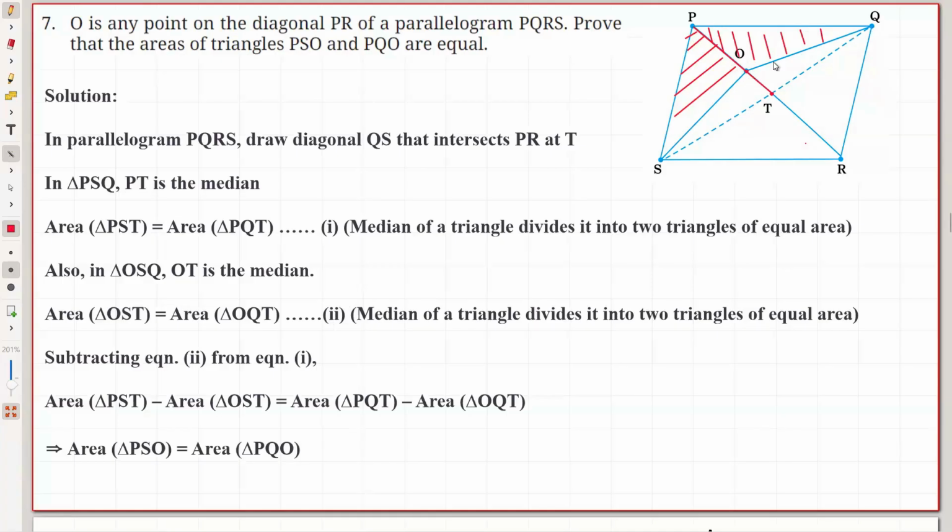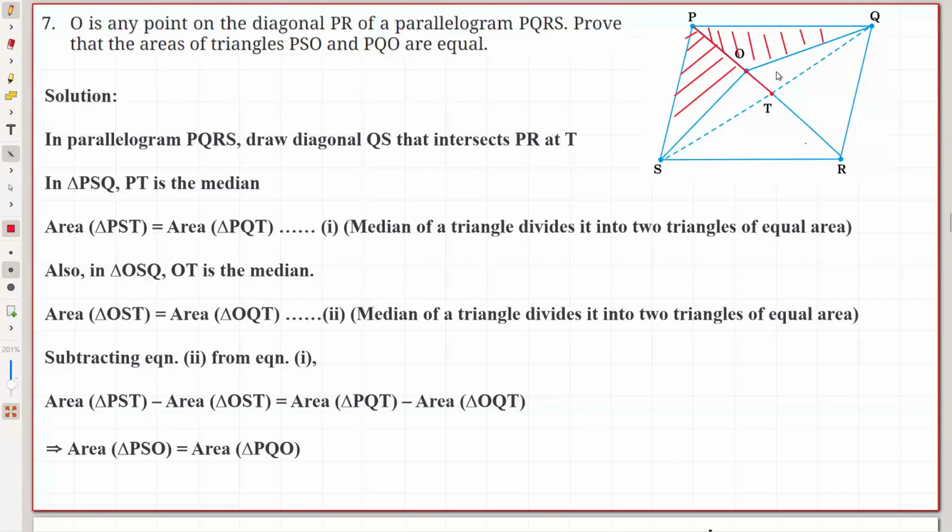Area of the big triangle minus area of this portion: we have to subtract equation 2 from equation 1. We get the area of the triangle PST minus the area of the triangle OST, which is this shaded portion, equal to the area of the triangle PQT minus OQT, which gives the shaded portion PQO. That is the proof. Therefore, the area of the triangle PSO is equal to the area of the triangle PQO.